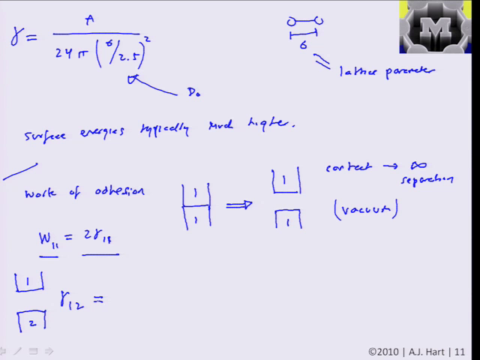So if we continue with this kind of additive model, we can say that we need to create one unit surface of 1, create a unit surface of 2, and we need to connect 1 and 2. And in terms of our nomenclature, this would be equal to 1/2 of gamma 1, 2, 1, or 1/2 of gamma 2, 1, 2.